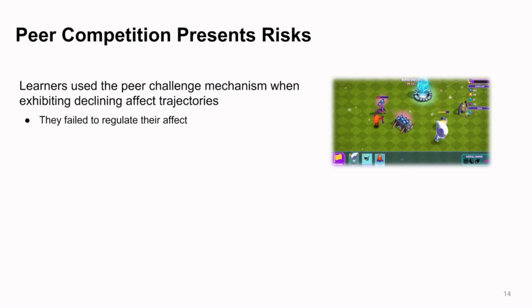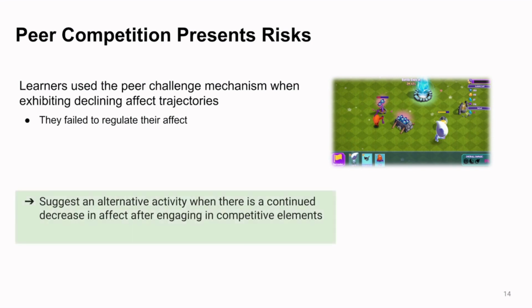Yet we found learners used this peer challenge mechanism when showing a declining affect trajectory, which may imply that they failed to regulate their affect. This suggests the risk in using peer competition for affect regulation, and systems should suggest an alternative activity when there is a continued decrease in affect after the competition elements.